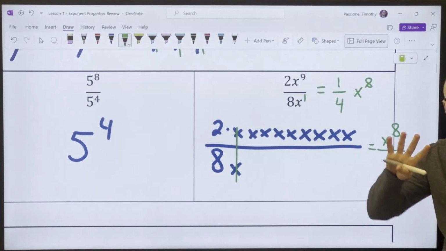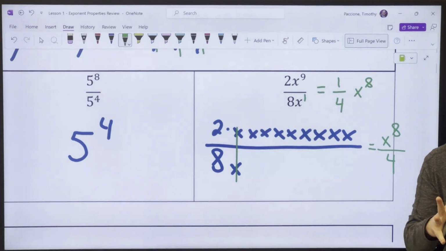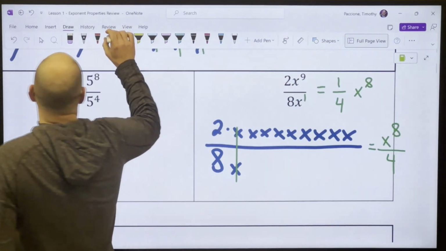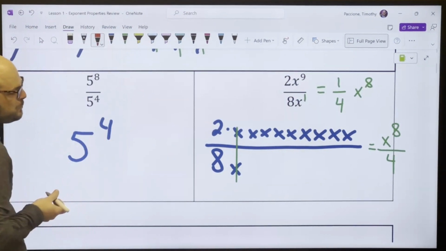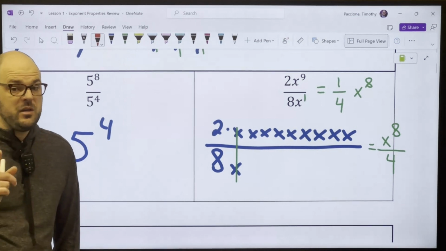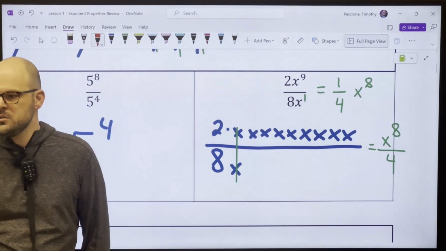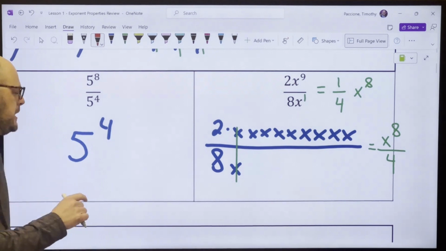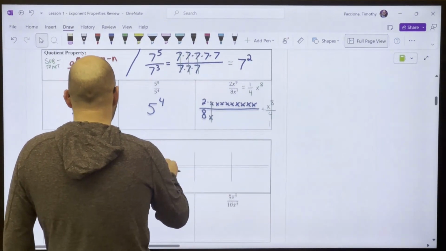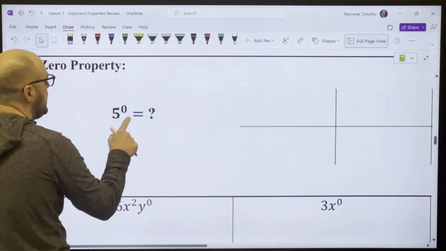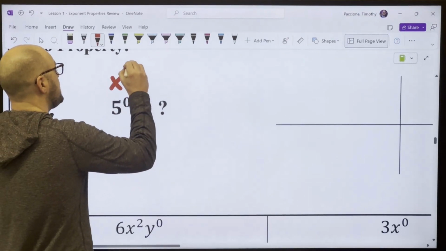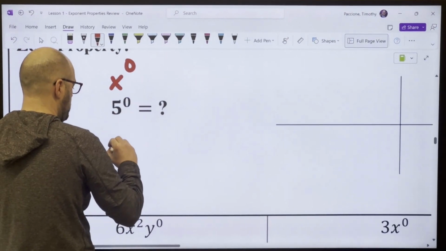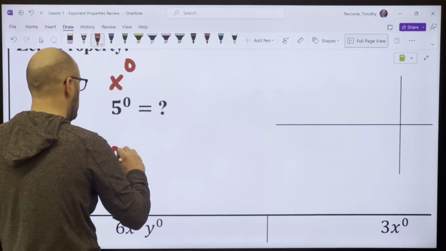Okay, next property. Kind of my favorite. Because it's both simple and complicated at the same time. Right? It's one of those things that maybe you know, but you couldn't totally explain. Or maybe you can. We'll see. Okay. Anybody know what 5 to the 0 is? Or, for that matter, x to the 0? Or, I don't know, 100 to the 0?